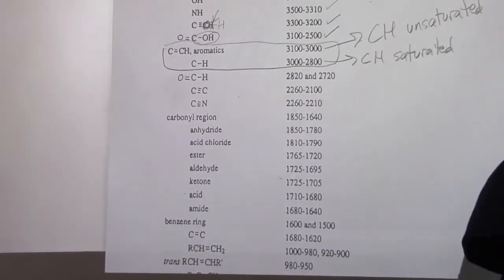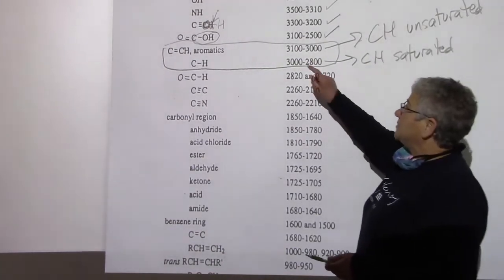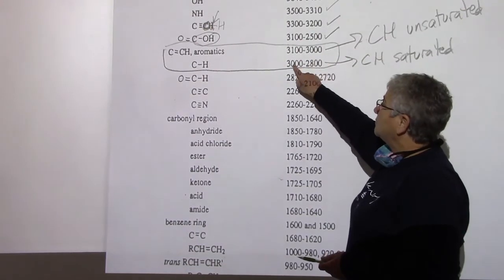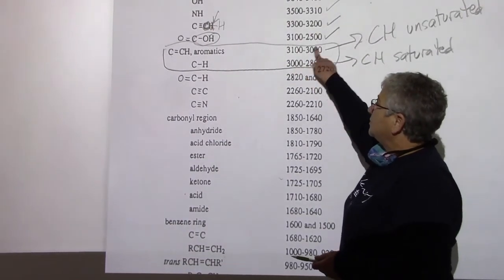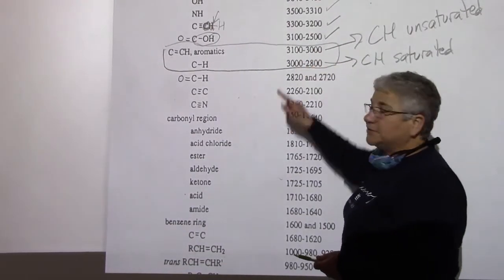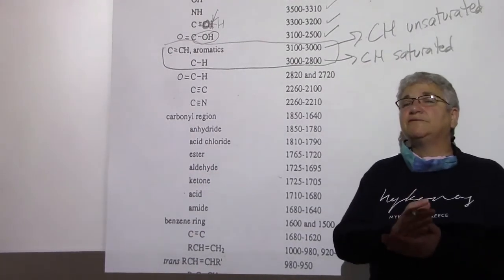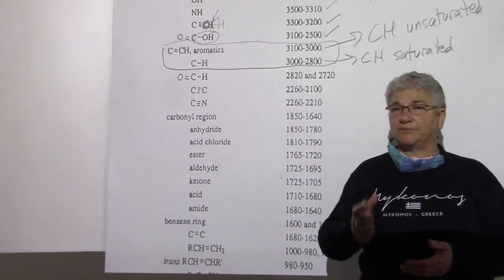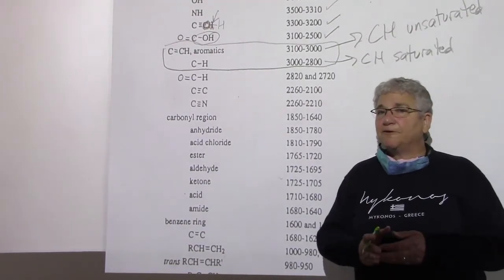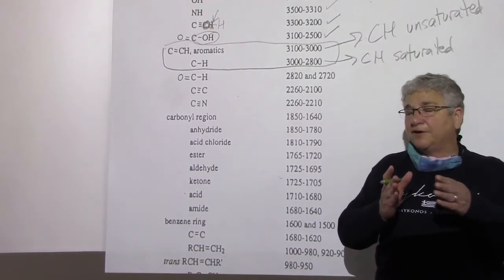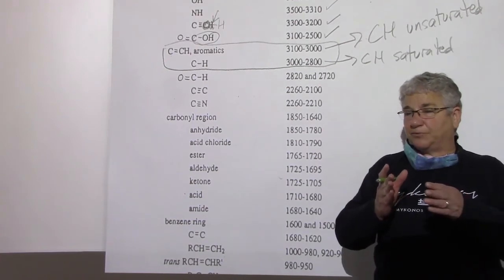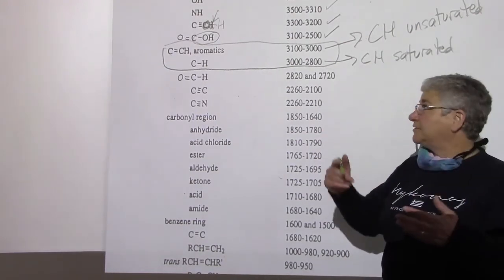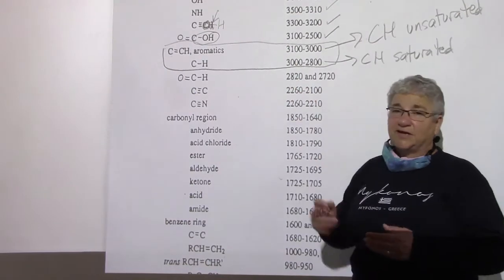And so if you look at these regions, 3,100 to 3,000, 3,000 to 2,800, it turns out that this 3,000 value really is very distinctive. So that is one number that you do want to recognize. Because if your peaks are above 3,000, 3,052, that starts to tell you that you have unsaturation.